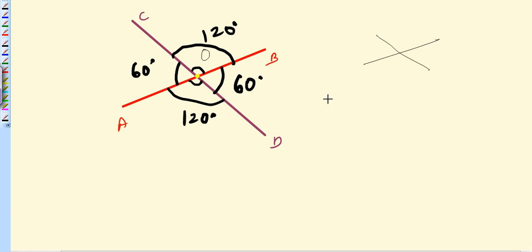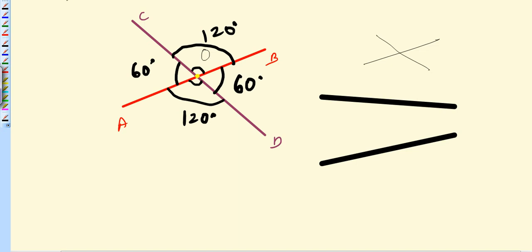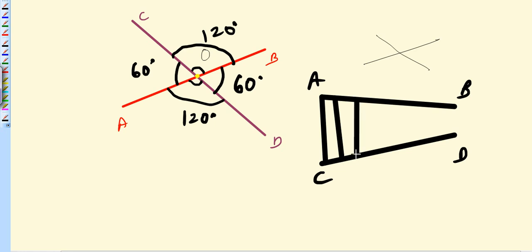So suppose you are having lines. Now in this case, you are having lines AB and CD. In the starting, you have this much distance. Then if you observe, the distance between these two lines is decreasing, and at one point they will meet.